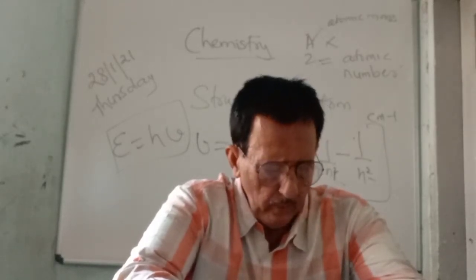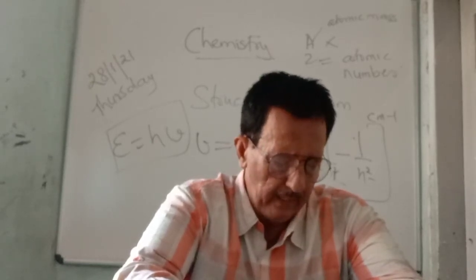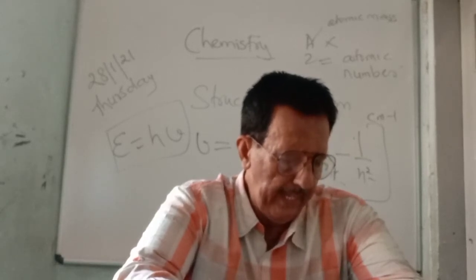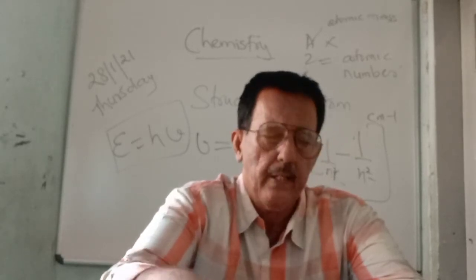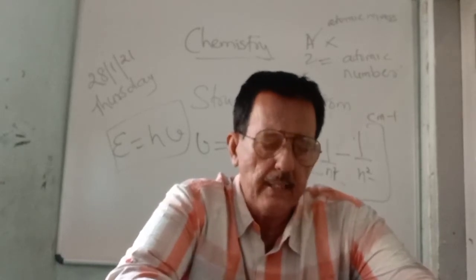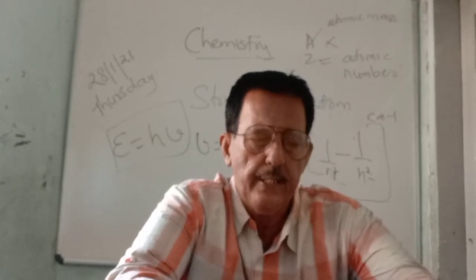Now the general notation that is used to represent the mass number and the atomic number of a given atom is A upon Z X, where X is the symbol of an element, A is the mass number, and Z is the atomic number. What is a nuclide?